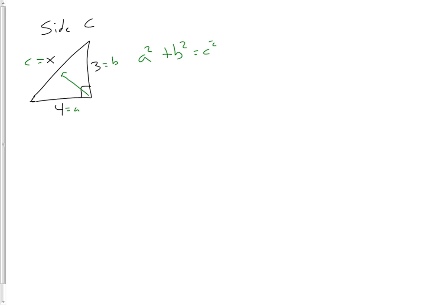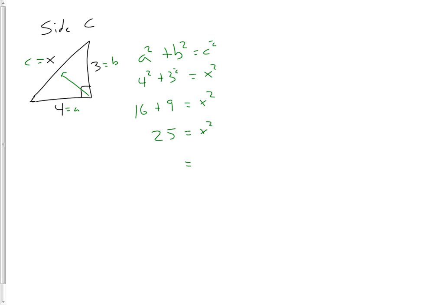So I'm going to plug in my values. It gives me 4 squared plus 3 squared is equal to x squared. That gives me 16 plus 9 is equal to x squared. That gives me 25 is equal to x squared.